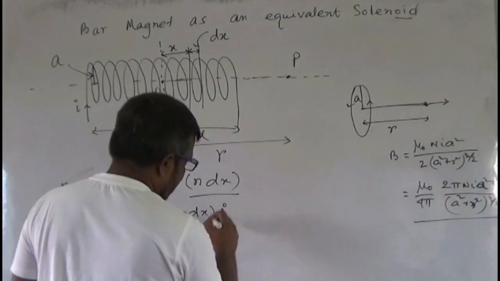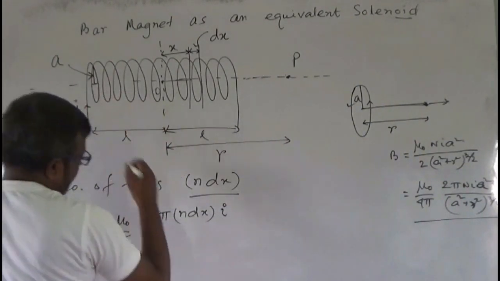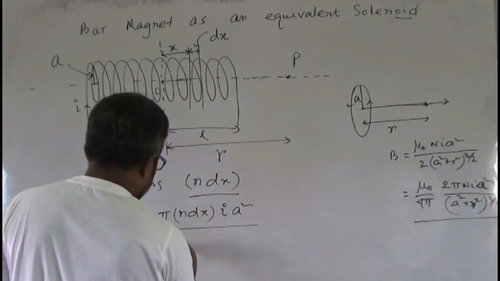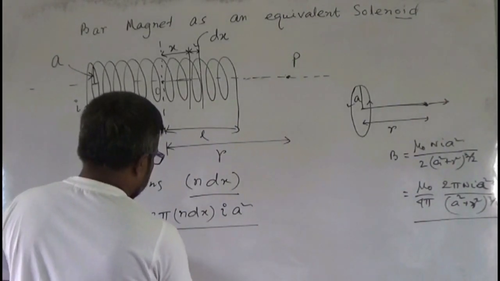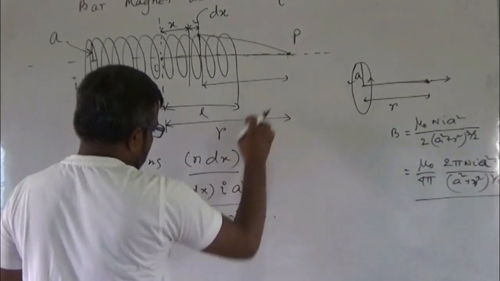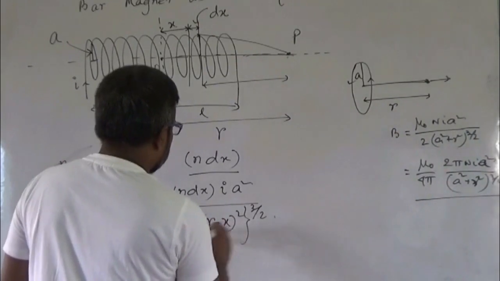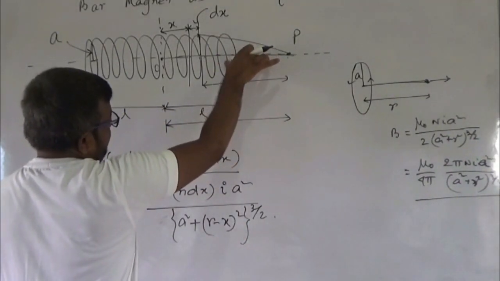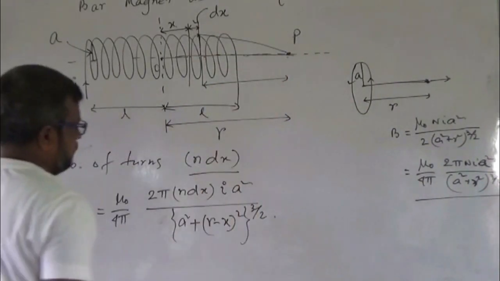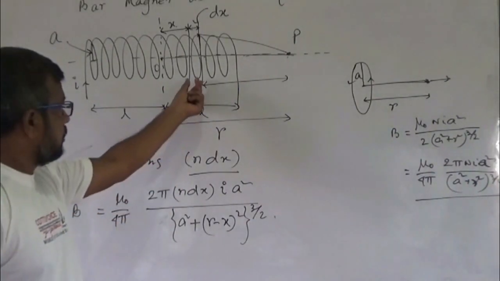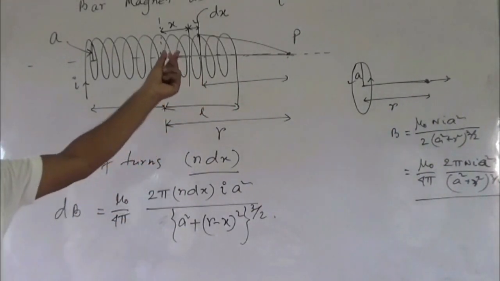Therefore this will be I, and a is the radius here, also a square, divided by a square plus this length, which is r minus x, therefore a square plus r minus x whole square to the power 3 by 2. Now this is the field at the point P due to this elementary circular loop.